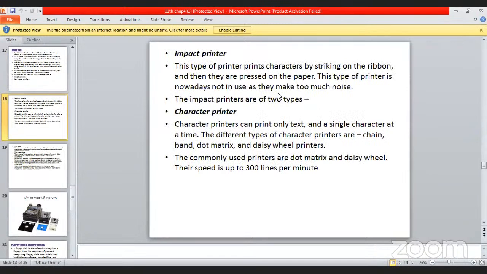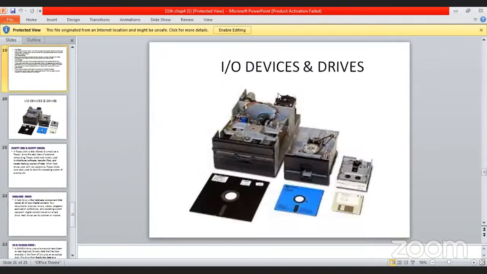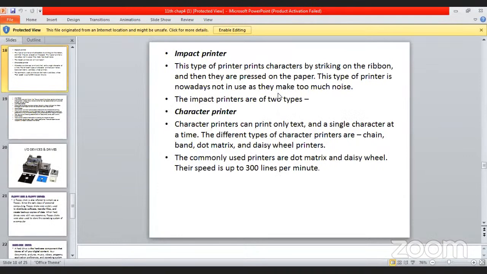This type of printer prints the character by striking on a ribbon, and then it is pressed on paper.